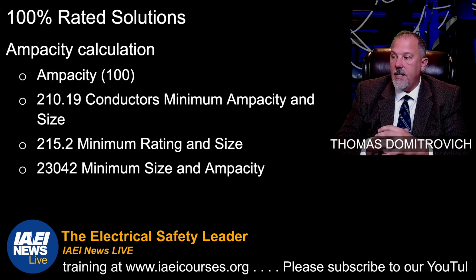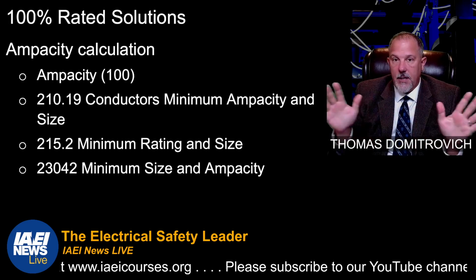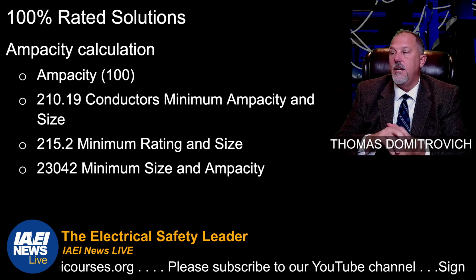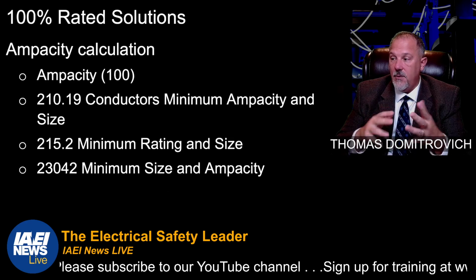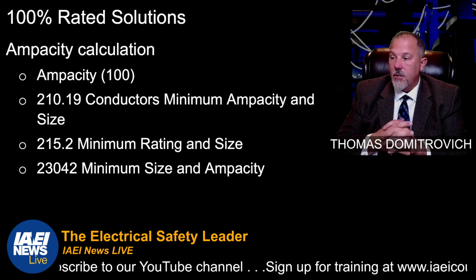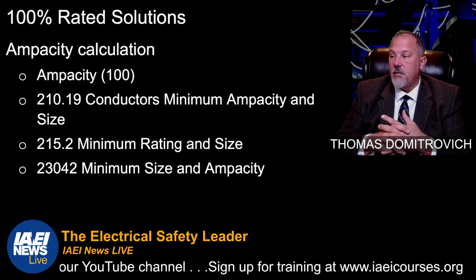If the branch circuit is connected at both its supply and load ends to separately installed pressure connections, the allowable ampacity in accordance with 310.15 is not less than the sum of the continuous and non-continuous loads. No portion of the branch circuit installed under this exception shall extend into an enclosure.